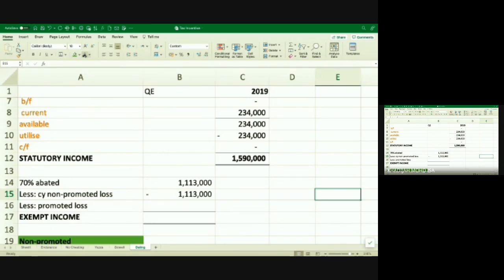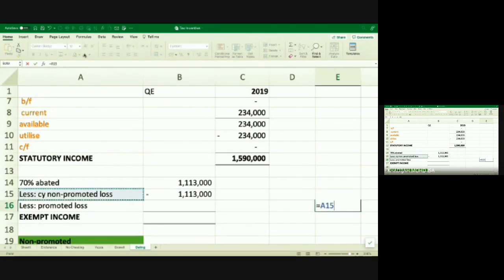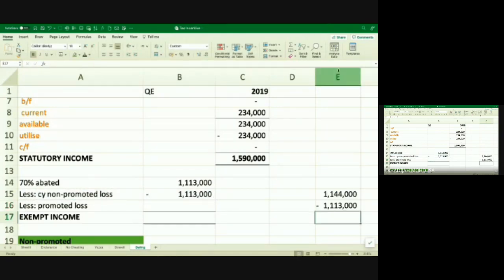You have 1,144,000, but you utilize 1,113,000, so the balance is 31,000. That means you have a loss of 31,000 of non-promoted loss, which is not yet utilized.